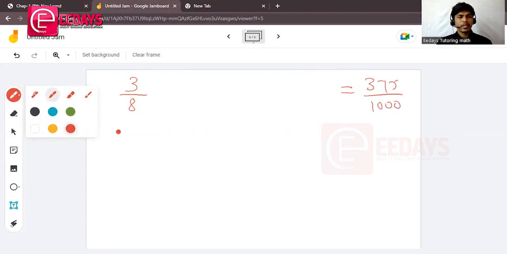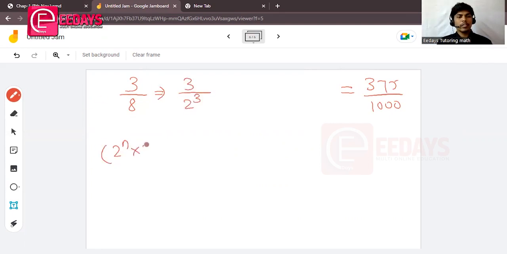First, 3 by 8, you can write as 3 by 2 cube. What is the form we have to generate? 2 power n into 5 power m. 2 cube is already there, so we multiply the numerator and denominator by 5 cube. Now it is in the form of 2 power n into 5 power m.